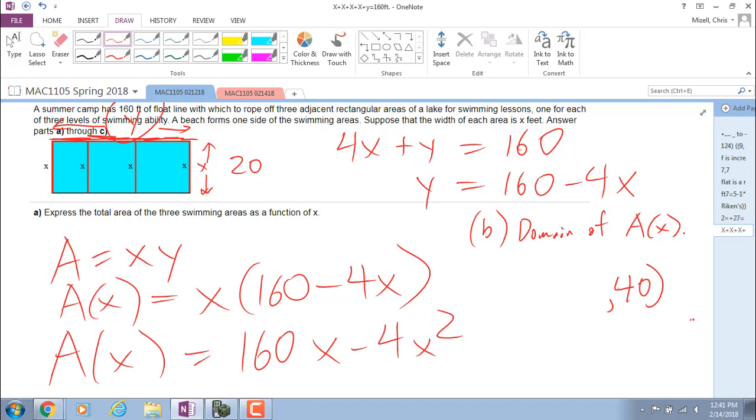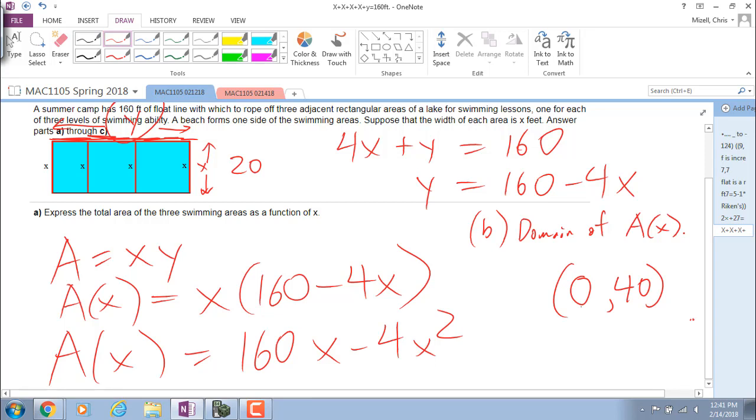And the other consideration is that x, which is the width of the swimming area, needs to be positive. It wouldn't make sense for it to be 0 and just have 160 feet of rope lying there on the shore and 0 feet of swimming. That makes no sense. So I'm going to say 0 to 40.